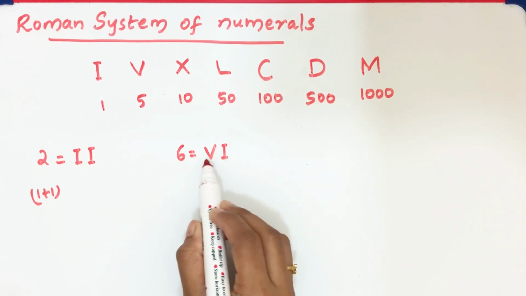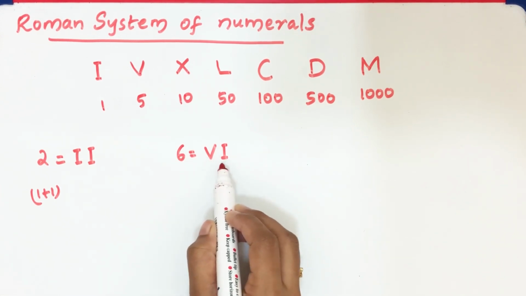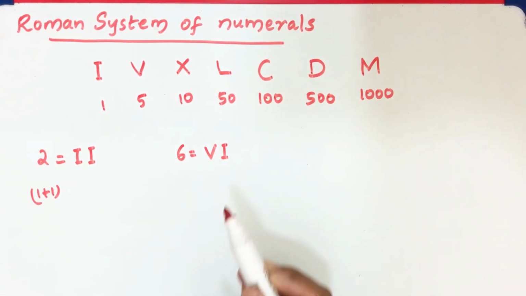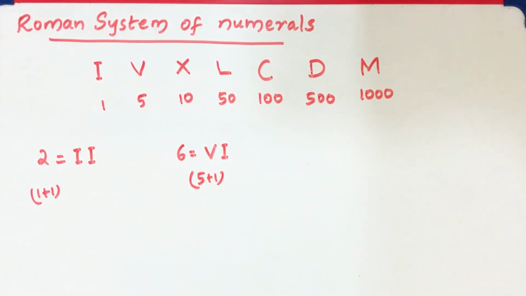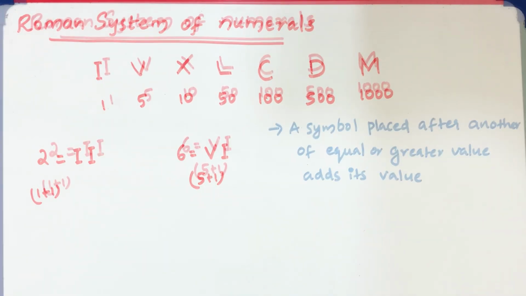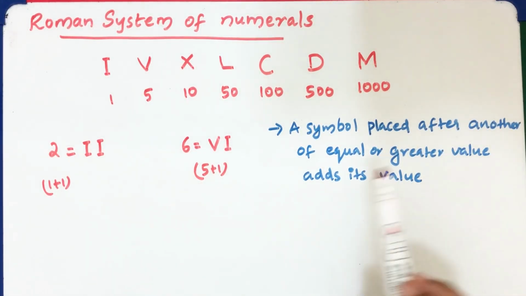We placed 1 after 5. That adds 5 and 1 to get 6. This is 5 plus 1. So the first rule we can write: a symbol placed after another of equal or greater value adds its value.